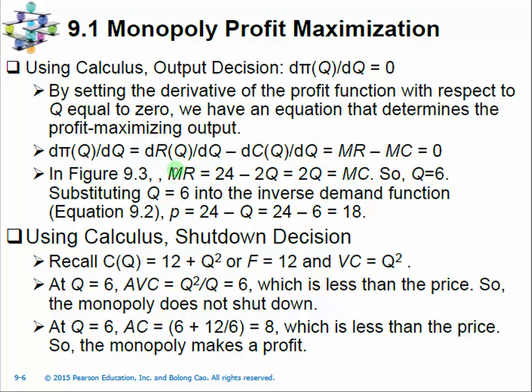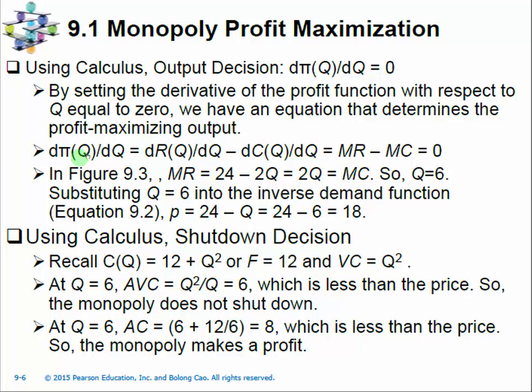Now that we have seen the marginal revenue curve for the monopolist, we are ready to study the profit maximization by a monopolistic firm. Just like what we have done in Chapter 7, to maximize the profit, we can set the first-order derivative of profit with respect to the quantity to 0.